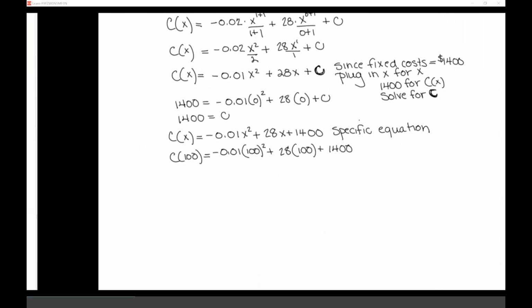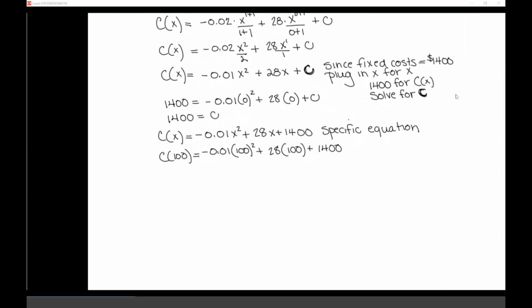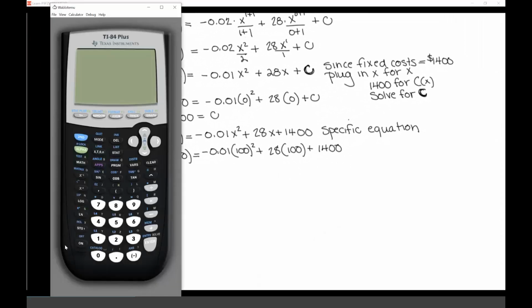Okay, so just plug that in. All right, bring up the calculator and just plug it in. Okay, so this is negative 0.01 times 100 squared plus 28 times 100 plus 1,400.